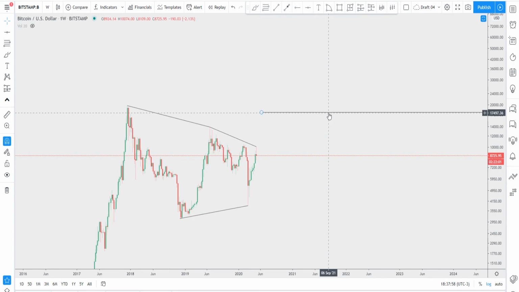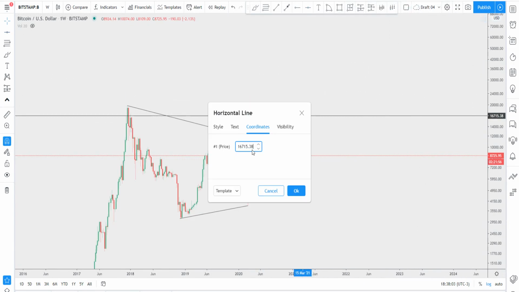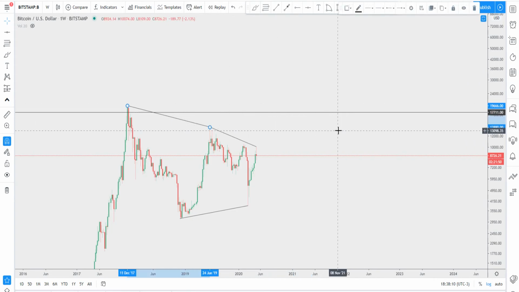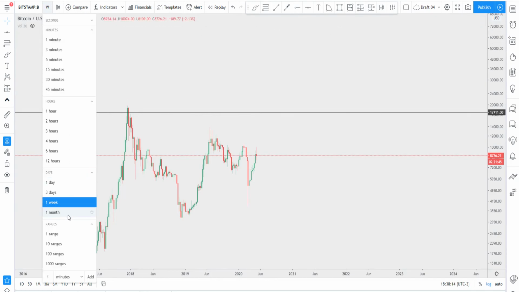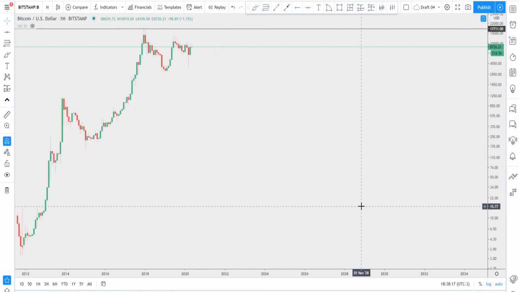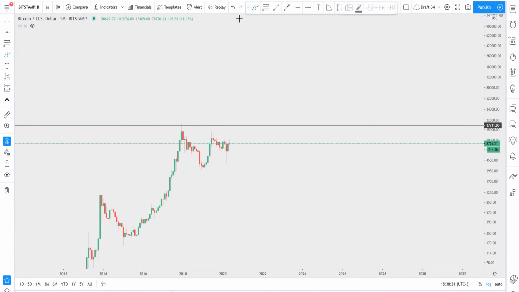I'm going to draw the proper line again, and I will show you in the monthly chart for you to have a better idea. Let me take out these lines here for a better understanding. This is the monthly chart. Can you see what I just said? We were rejected from this key level, 17,711.